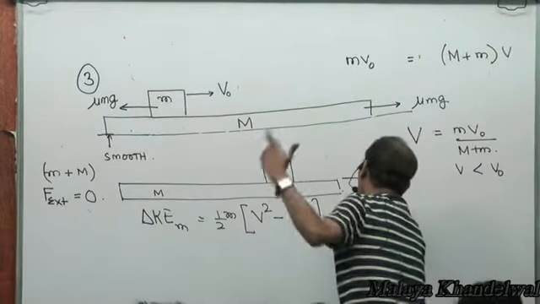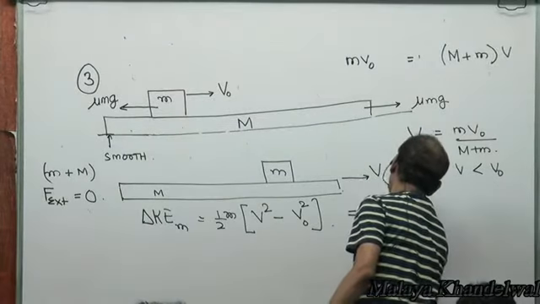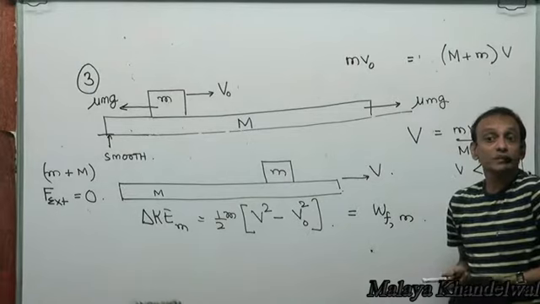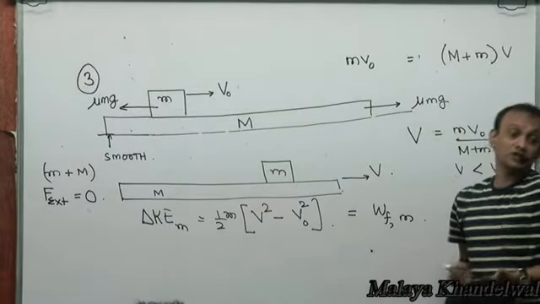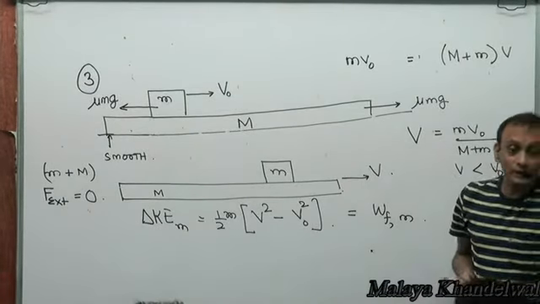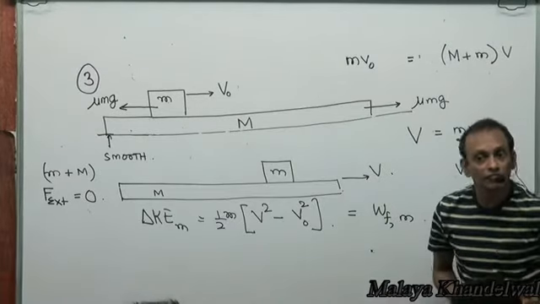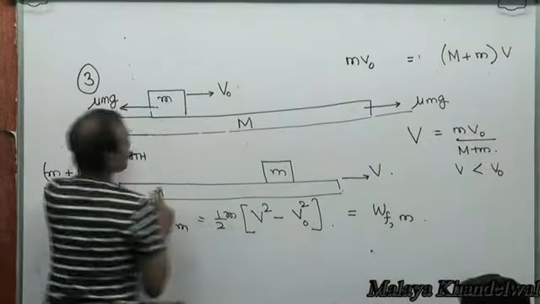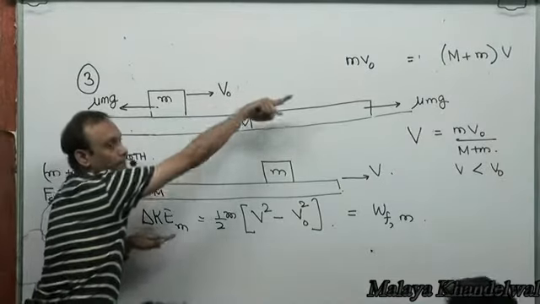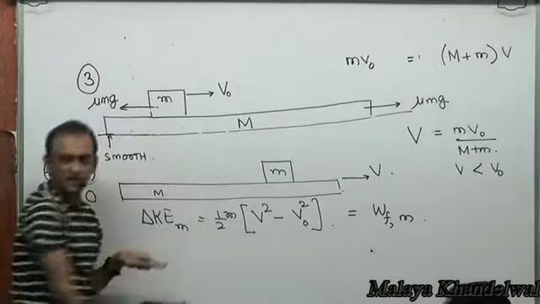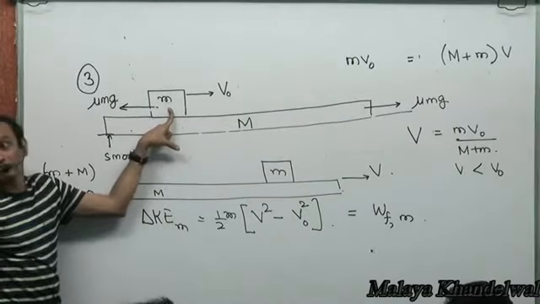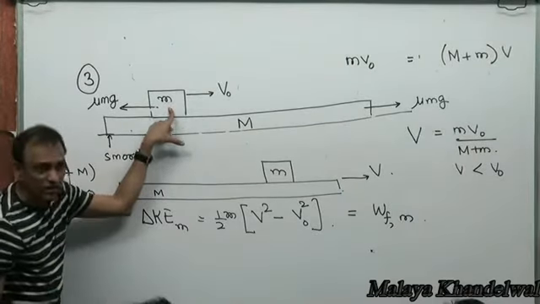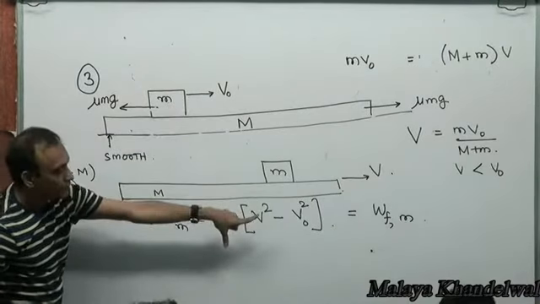So this then, would you not want to believe, is the work done by friction on small m? This then is the work done by friction on small m. Change in kinetic energy on small m. Who brought that? Friction. And it's a negative number. Why? Because frictional force is acting leftwards and displacement is rightwards. So work done by friction ought to have been negative in depleting the velocity of small m. What do you say?